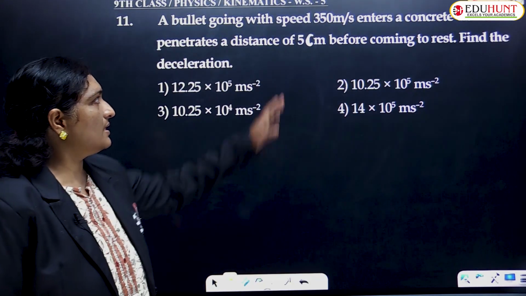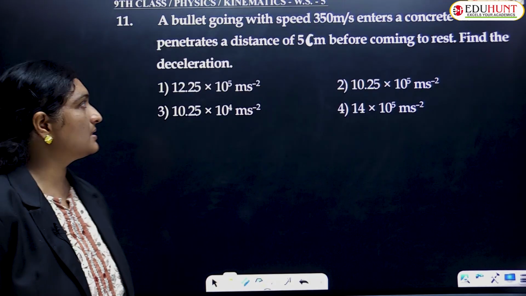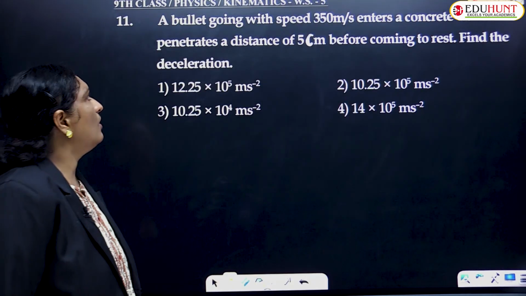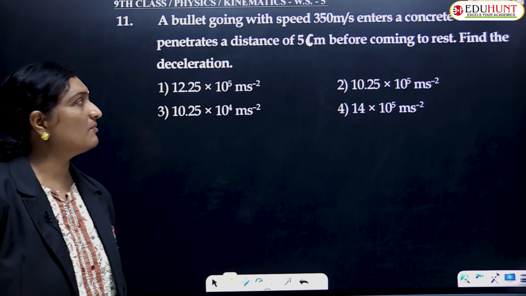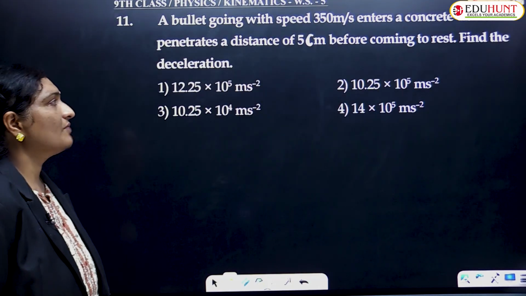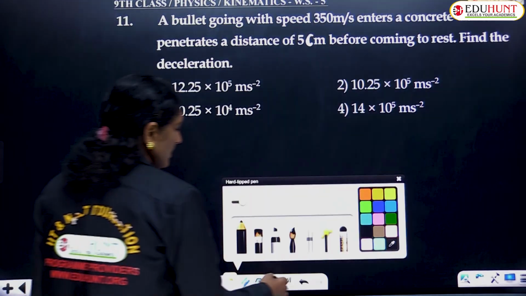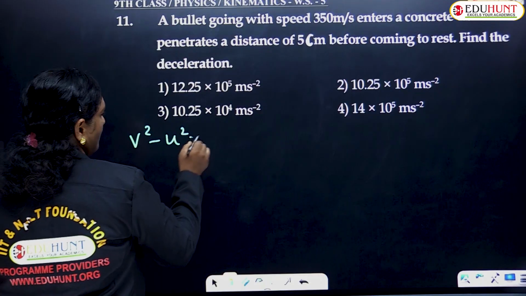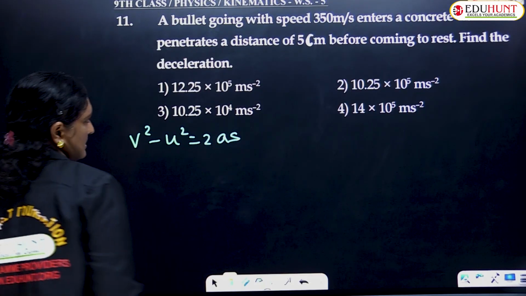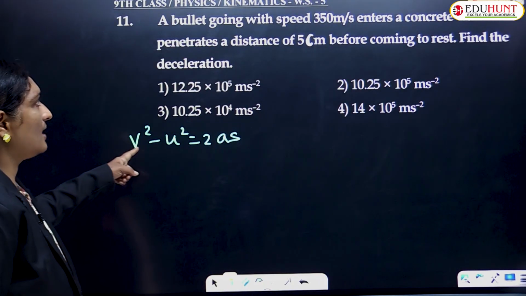Okay, a bullet going with what initial speed? 350 meter per second, into a concrete wall, and it penetrates a distance. How much distance did it go? 5 centimeters before coming to rest. You are asked to find the deceleration. Of course, the formula that you will be using is v square minus u square equals 2as. Finally it comes to rest.